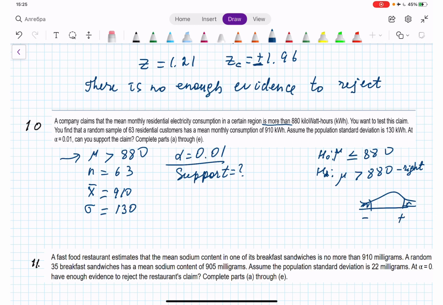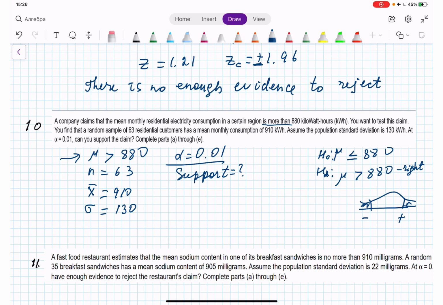Since alpha 0.01 is less than 50%, the z-score is negative, so we just flip the sign for our right tail. Or you can do 1 minus 0.01, which is 0.99, then take the z-score from the table.